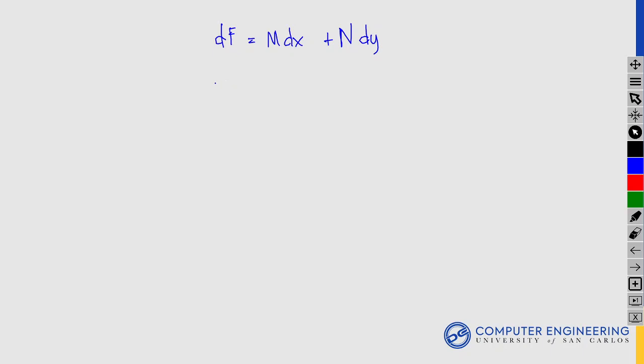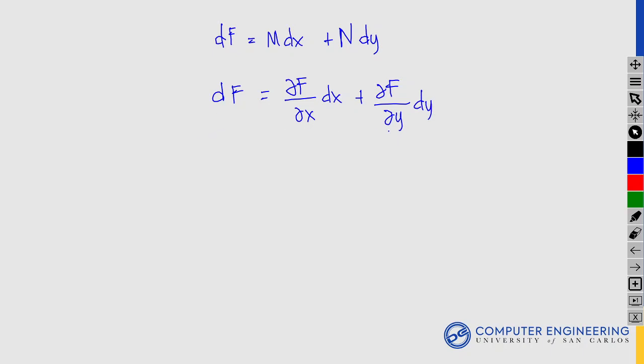But if we do, and at the same time, if we make this assumption, this means that for this to be true, the partial derivative of f with respect to x is equal to M, and the partial derivative of f with respect to y is equal to N.